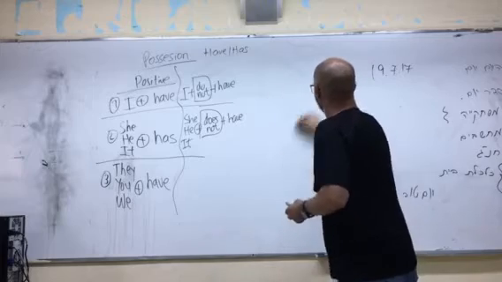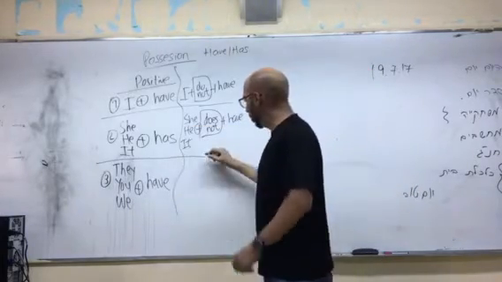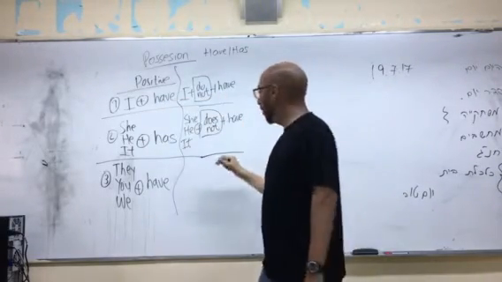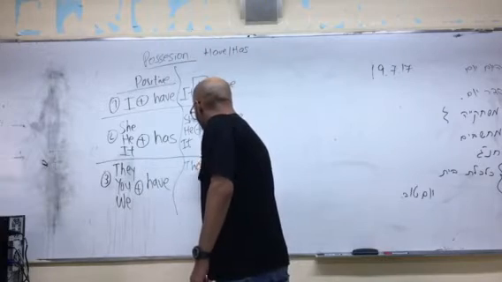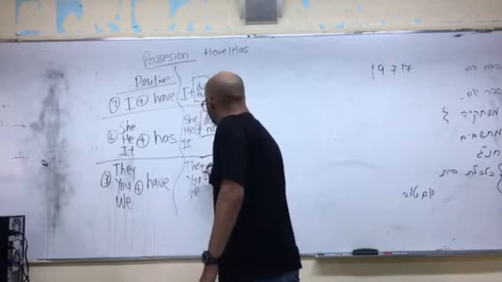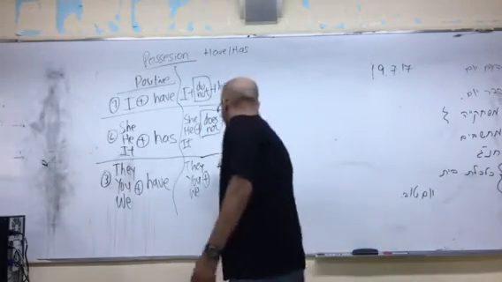Let's continue. Like I said previously, the first and the third body are identical. So, I have, I do not, or don't have. They, you, and we receive do not or don't.